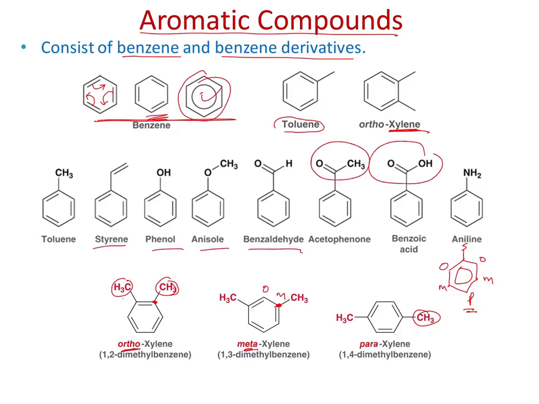We have benzoic acid and aniline. These are common names, which sometimes are also used as parent names if there's another substituent. Like you could have bromoaniline. Okay, so we can see how we use them as parent names sometimes.